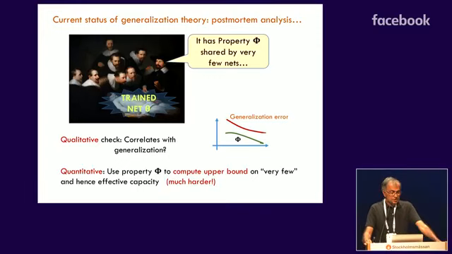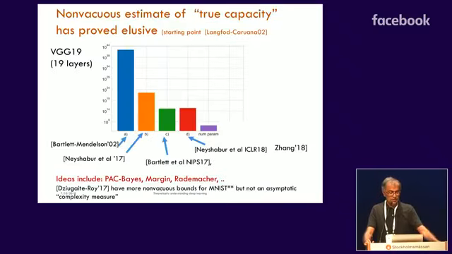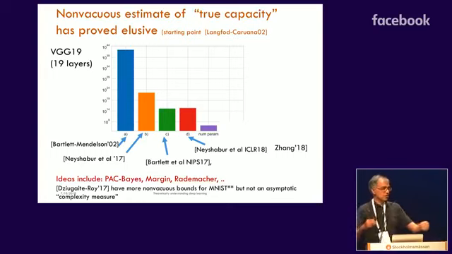So in order to understand the cause, one thing you could do is a quantitative bound. So whatever this property phi is, whatever the mathematical characterization is, use that to compute a quantitative upper bound for some concrete neural net. Okay, so you compute this upper bound on the capacity on this very few, and that's a much harder problem. So on this plot here, you see the efforts until this year, before this conference, up to ICLR 18.